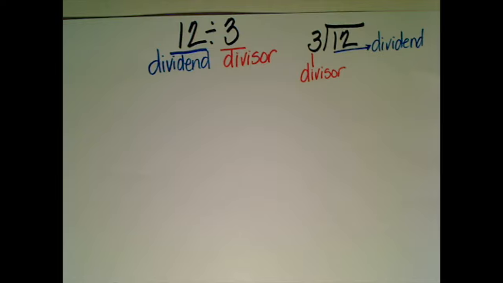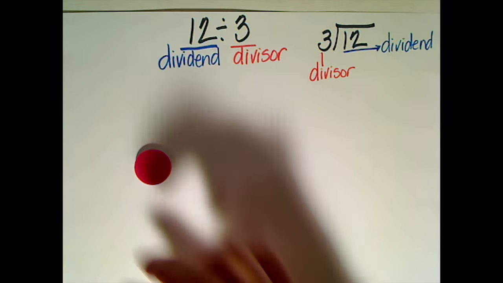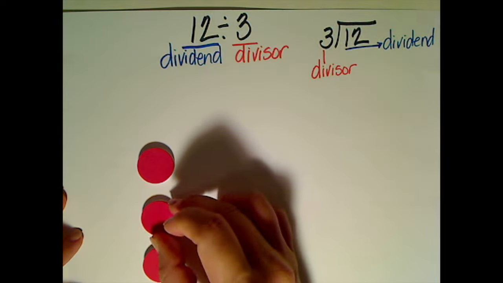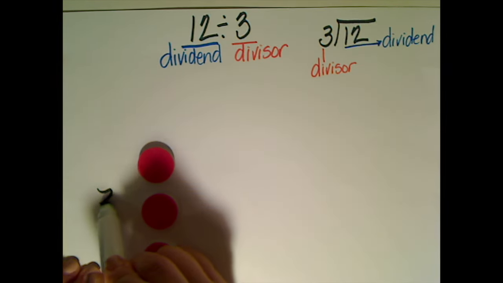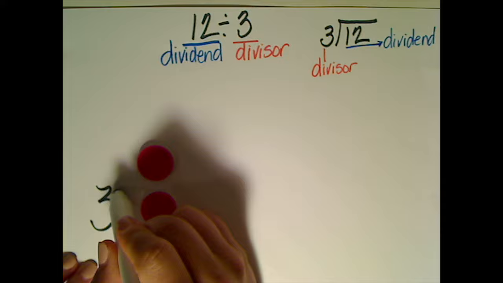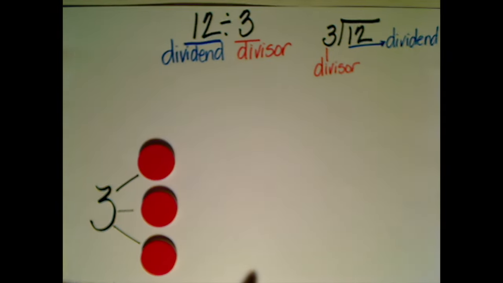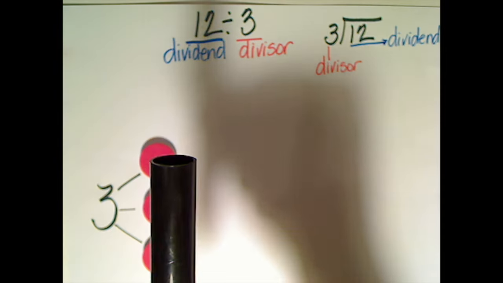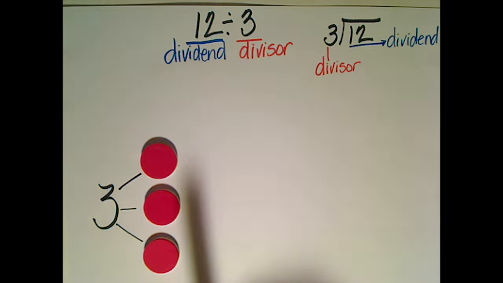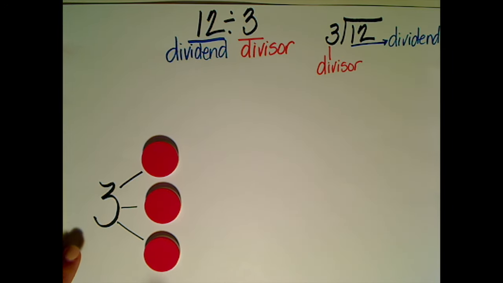So remember, if you recall, in an array, 3 is our groups of. We have 1 group of, 2 groups of, 3 groups of. And we create our rows using our groups of with an array.